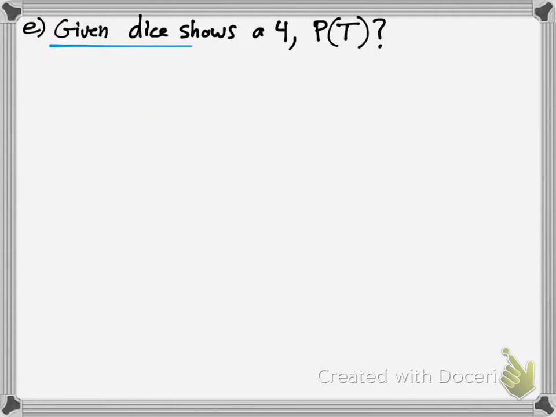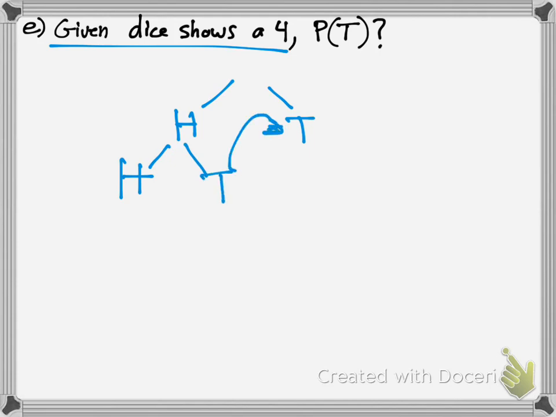So now the die shows a 4. What's the probability of getting a tails? Well, again, let's look at this. You flip heads or tails, and if you miss, you go again, and once you flip a tails, then you have 6 options on rolling the die: 1, 2, 3, 4, 5, 6.